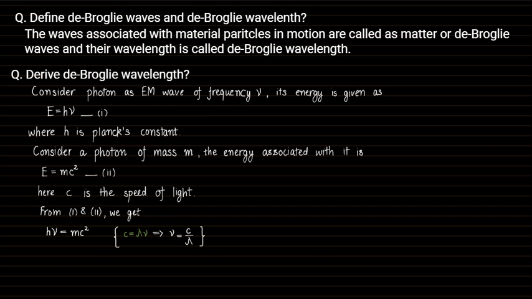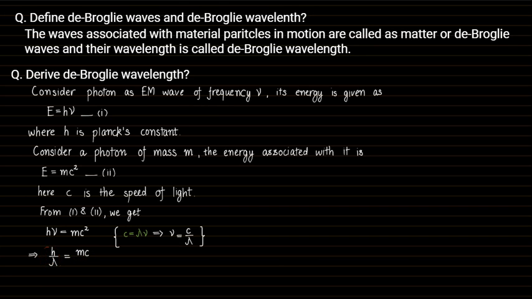After substituting this value, I can write hc upon lambda equals mc squared. From here I can cancel this c, or I can also write h by lambda equals mc.